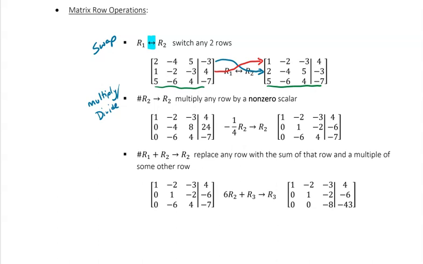All right, so again, another example. If we have this matrix on the left, and we want to do -1/4 times row 2 will replace row 2. All we're going to do is multiply every single number in row 2 by -1/4.